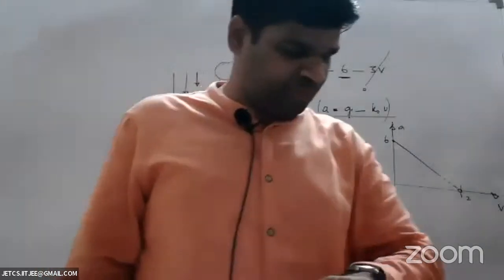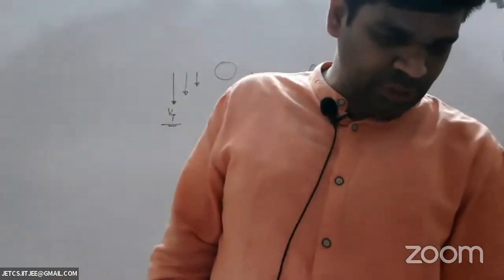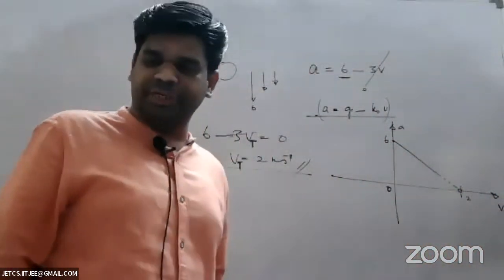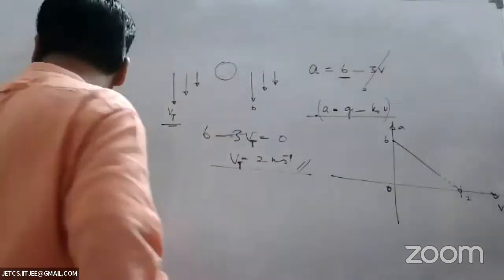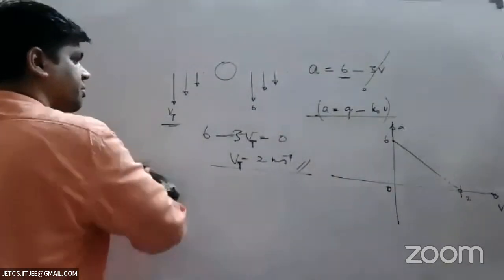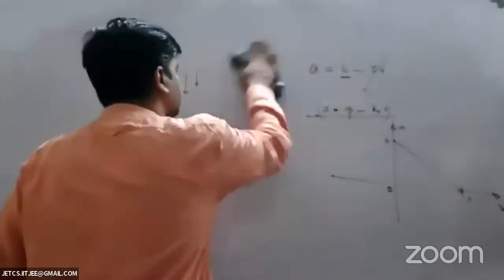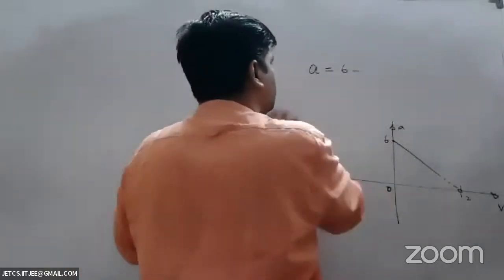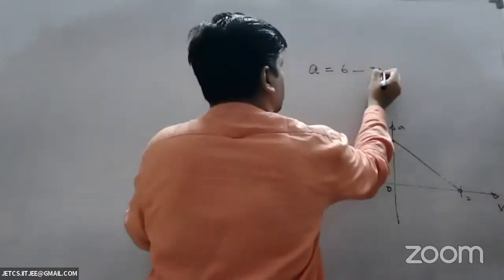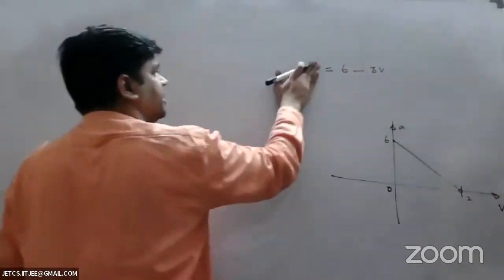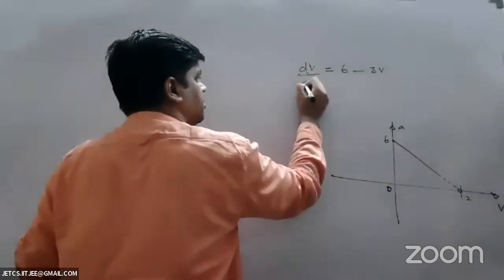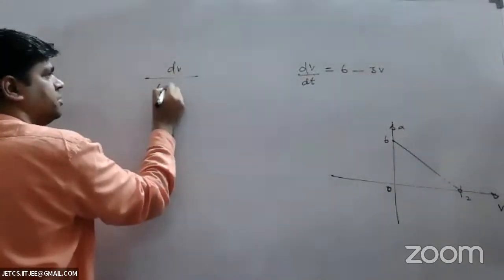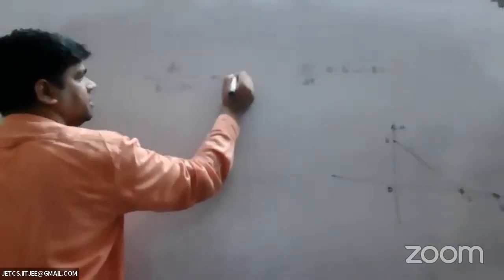How about the third one? Speed varies with time as this much. For that, we have got to integrate. So let's see how to integrate and see what we get. So I'll write this as dv by dt. So dv by 6 minus 3v is equal to dt.